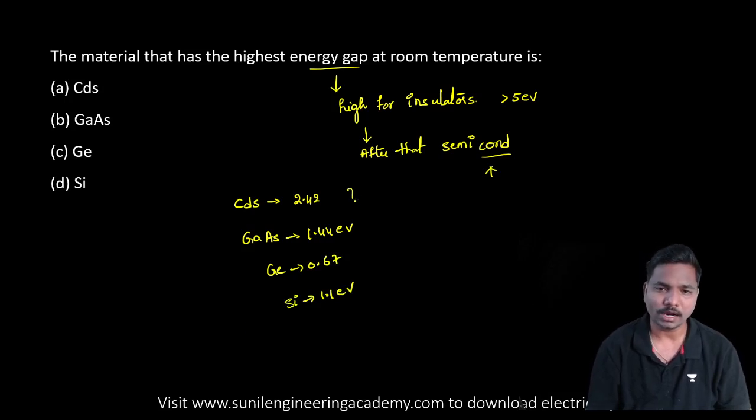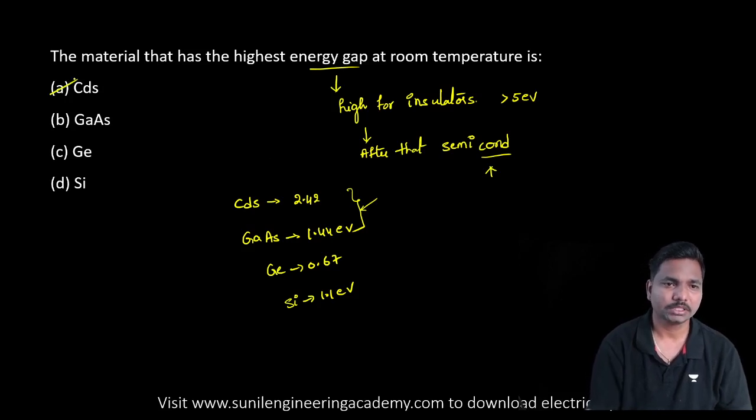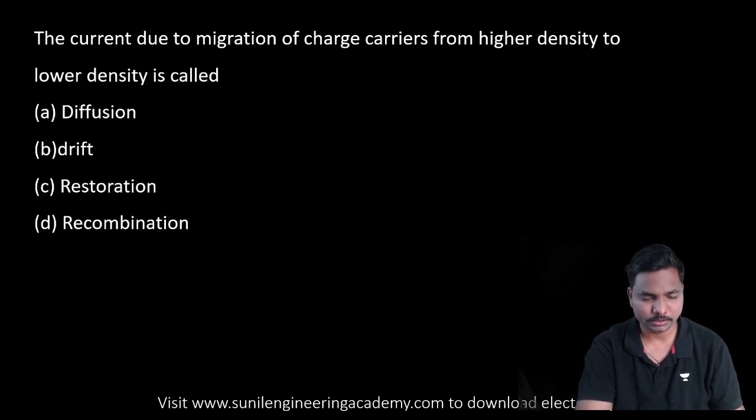So cadmium sulphide and gallium arsenide have a lot of energy gap, and because of this high energy gap they can be used in LEDs. So cadmium sulphide is the answer. Answer is option B.